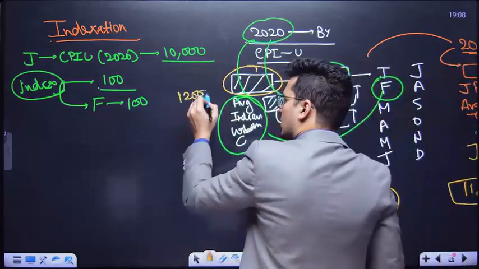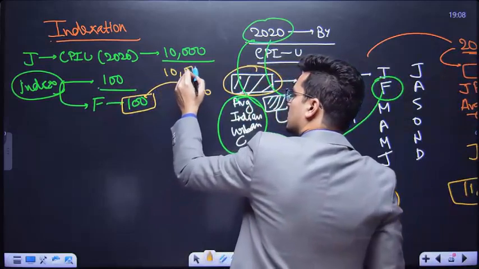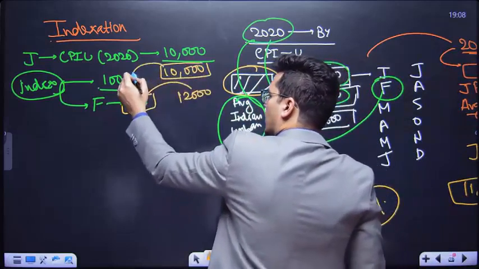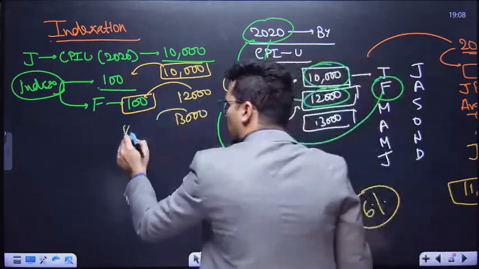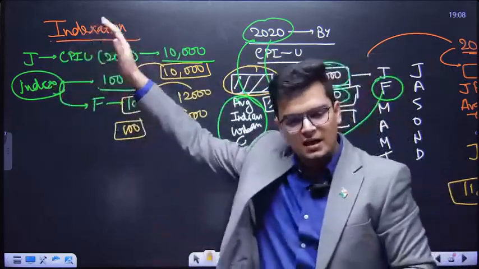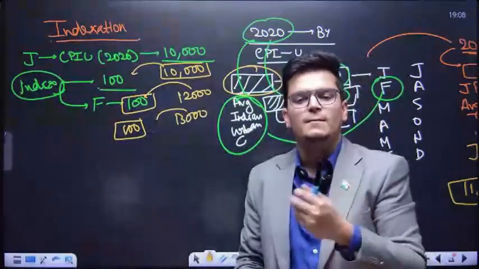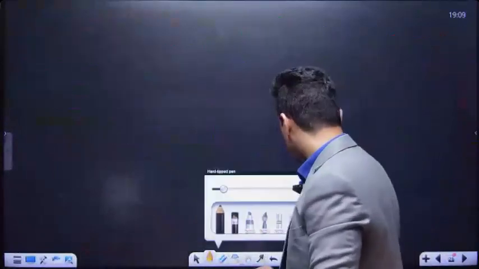So for February, 12,000 is equated to 100. For January, 10,000 is equated to 100. For March, let's say 13,000 is equated to 100. मैंने सबको 100 के लेवल पे लिख दिया in my index, just so that my mathematical calculation is easier. So my index will look like this.